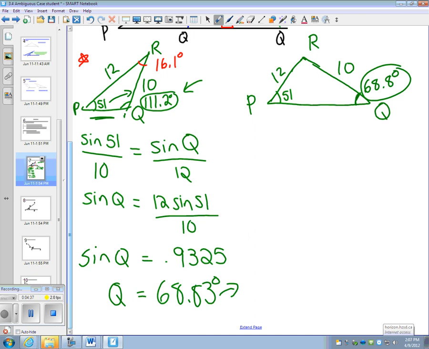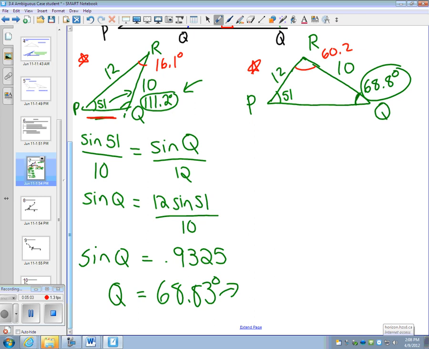And then I could find this last side by using the sine law. Now I'm looking at this triangle: I go 180 minus 68.8, and then minus 51. I'm left with what's left, and I have 60.2. Did I do that right? 60.2.